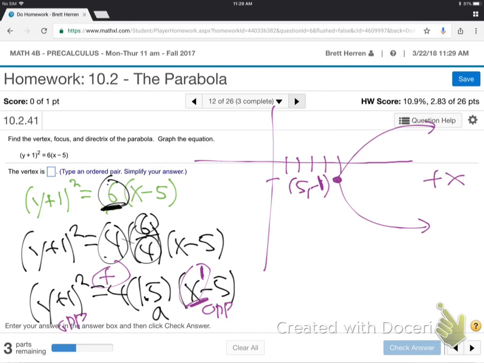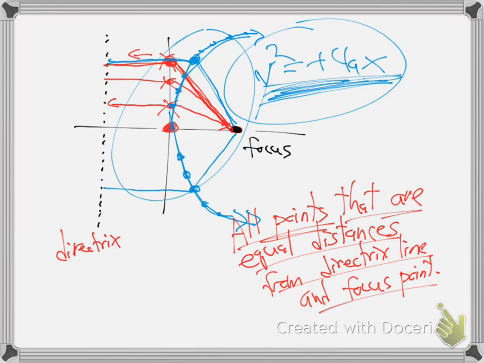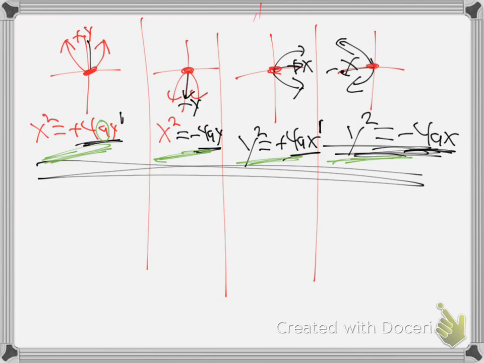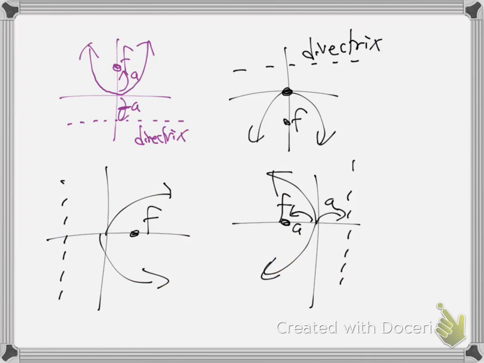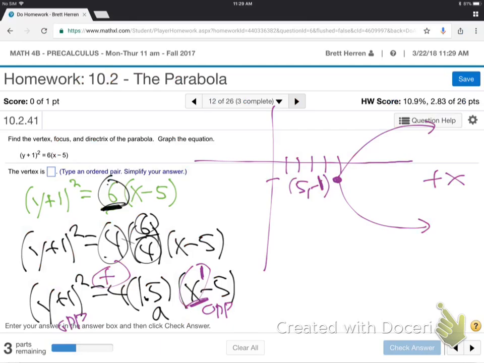It's super important that if you get the direction wrong, everything falls apart. That's why you want to have this on your 3x5 card. So you say, oh yeah, positive x on the right side, that's to the right. So we're going to the right, positive x direction.